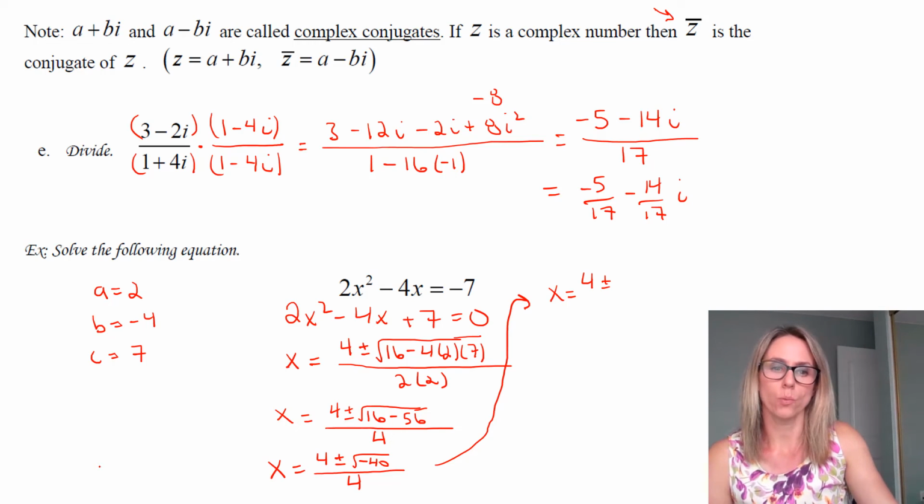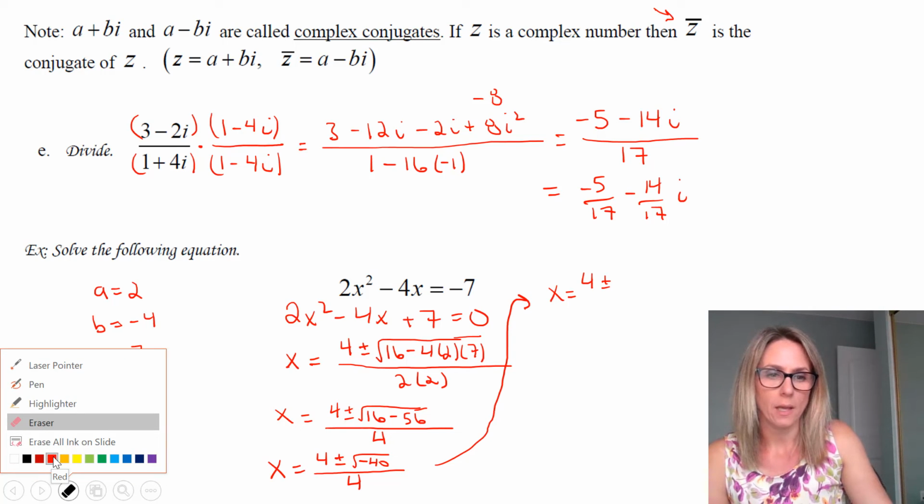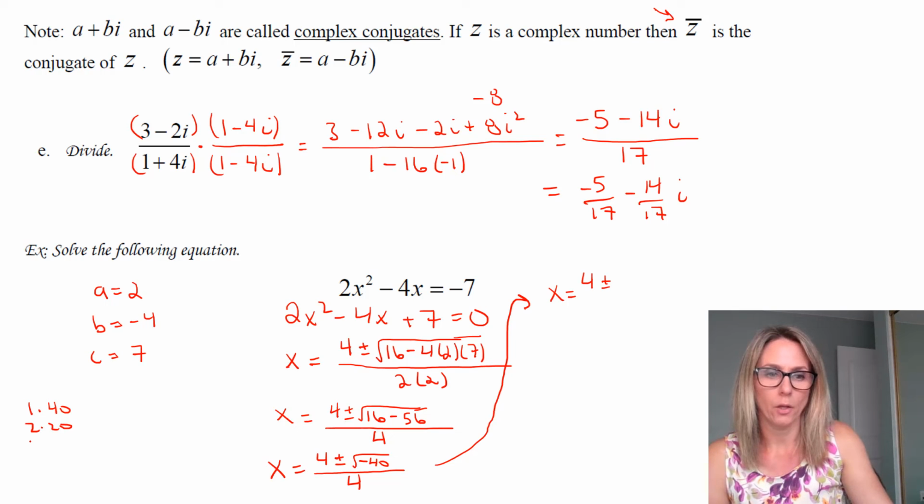And then we really just want to remember that when we think about 40, that's 1 times 40, 2 times 20, 3 times nothing, 4 times 10. I could take this into prime factors, but I'm just thinking about whether there are any of those really common perfect squares. And we can see that 4 times 10 gives us a perfect square with the 4.